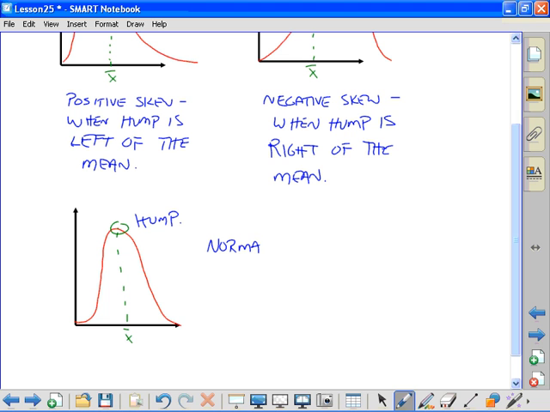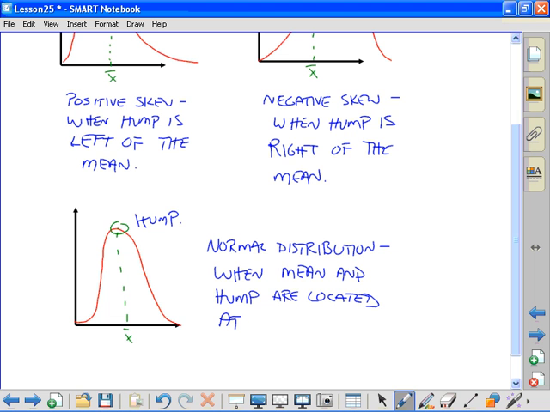So a normal distribution is when the mean and hump are located at the same value. So that's what the top two are compared to. That's where the comparison is. We're making a comparison to our normal distribution.